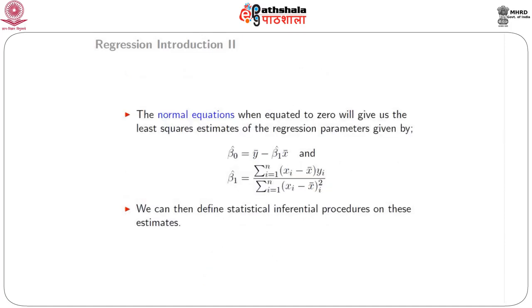The normal equations equated to 0 will give us the least square estimates of the regression parameters.